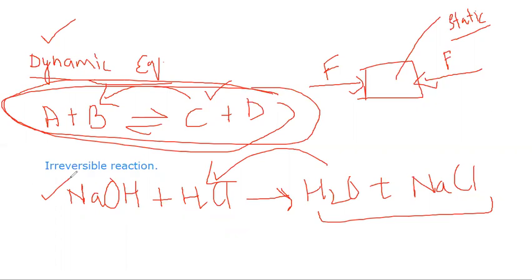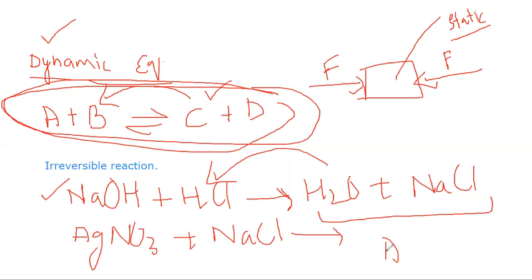Precipitation reaction is also an example of irreversible reaction. For example, the most common example to form a precipitate is silver nitrate AgNO3 reacting with the salt NaCl and producing precipitates of AgCl plus NaNO3.